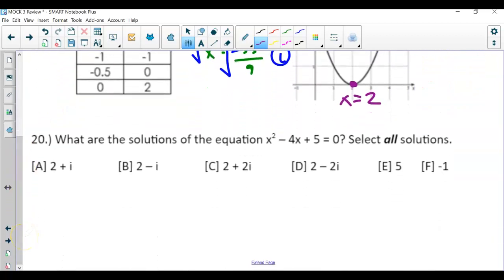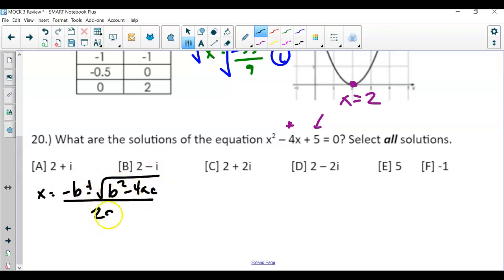So here, 20. What are the solutions to this equation? Well, I cannot multiply two factors to get me positive 5 and add to get me negative 4. So again, this is quadratic formula. x is equal to negative b plus or minus the square root of b squared minus 4ac all over 2a. Then I'm going to first look for my discriminant.